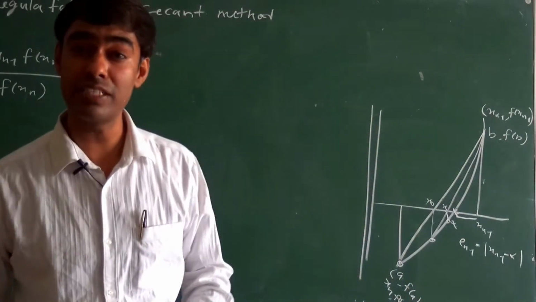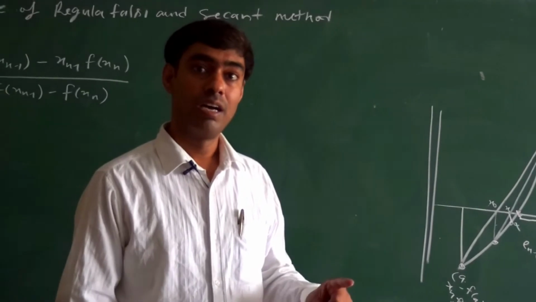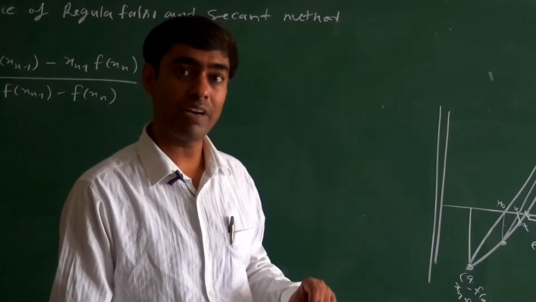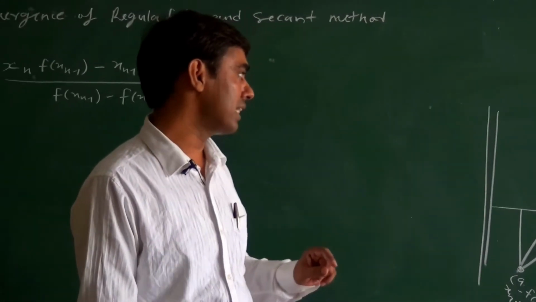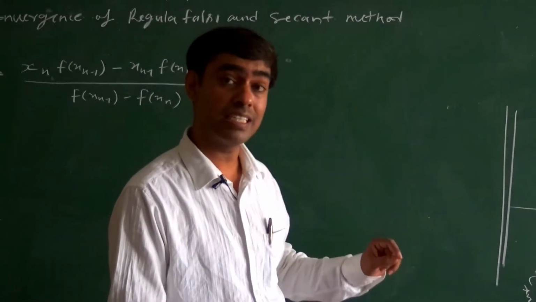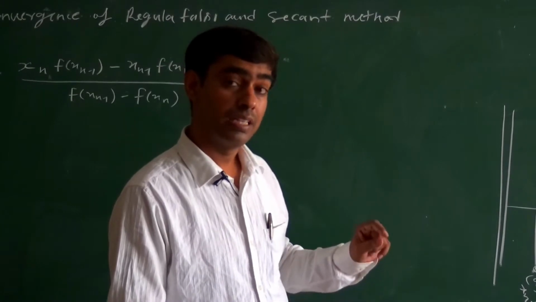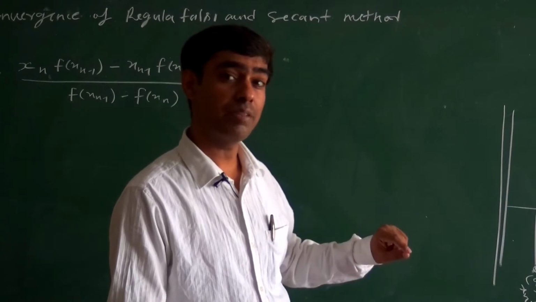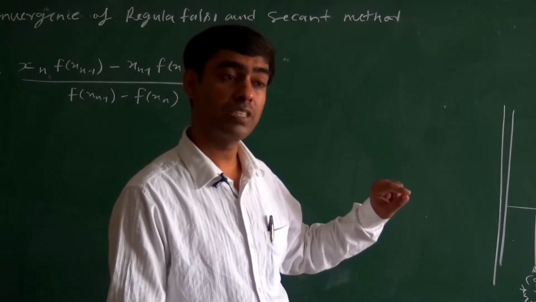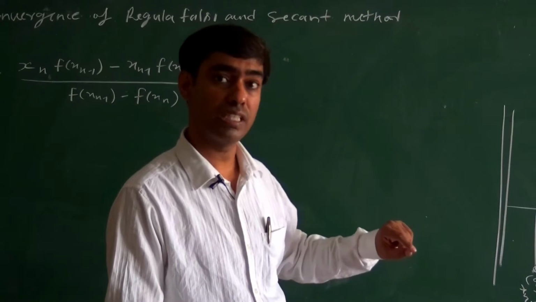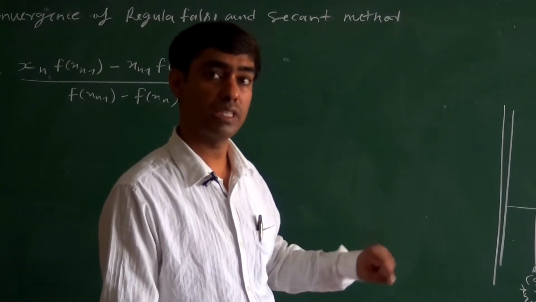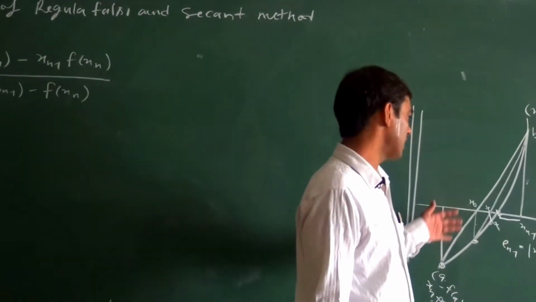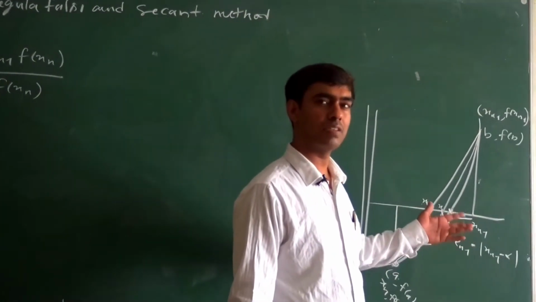There is no need to check the bracketing condition, f of a into f of b less than 0, in each step. Whatever the values when we start, it doesn't matter in the case of the secant method.